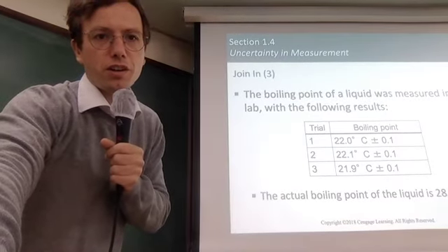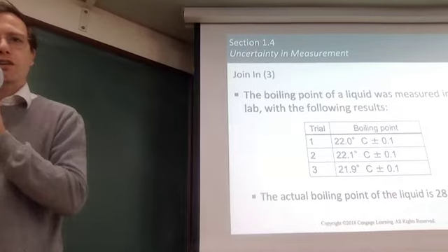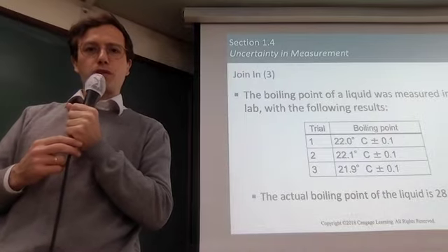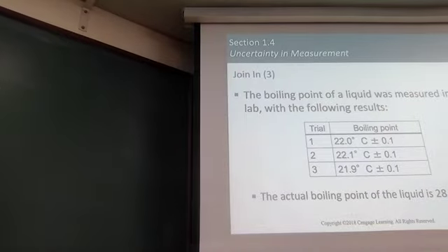Okay, and another join-in. The boiling point of a liquid was measured in the lab with the following results. The actual boiling point of the liquid is 28.7. Okay, so you can see the result of the boiling point there.